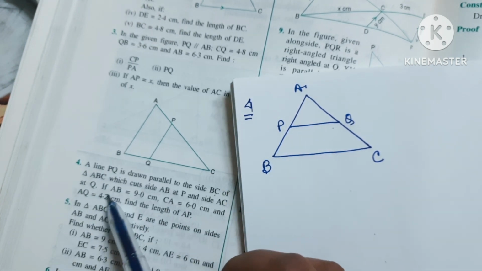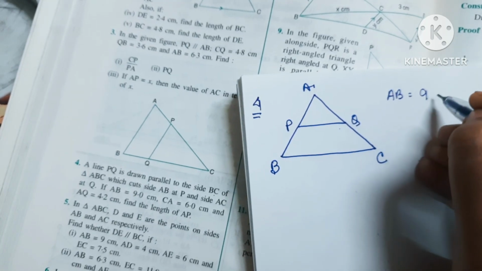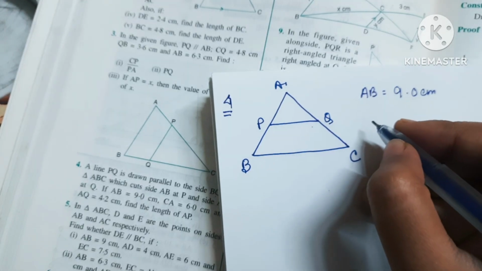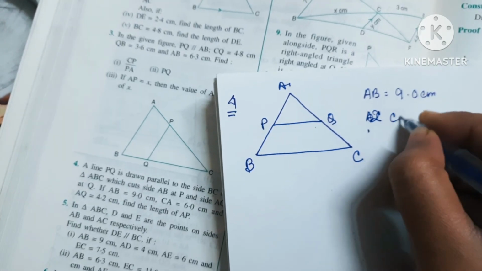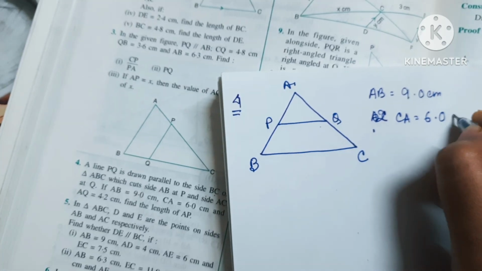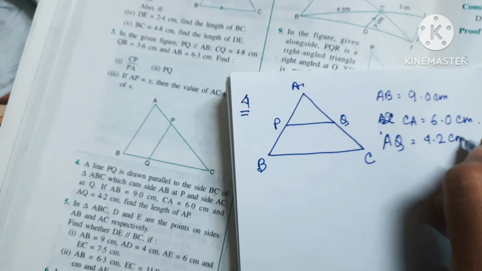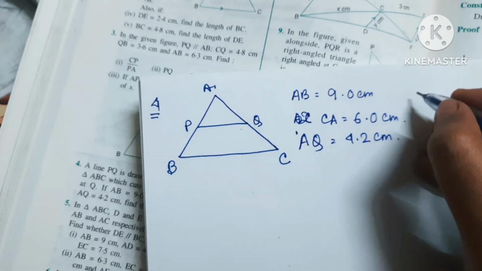Okay, so AB equal to 9 centimeter, and AC or CA equal to 6.0 centimeter, and AQ is 4.2 centimeter. Okay, you have to find the length of AP.